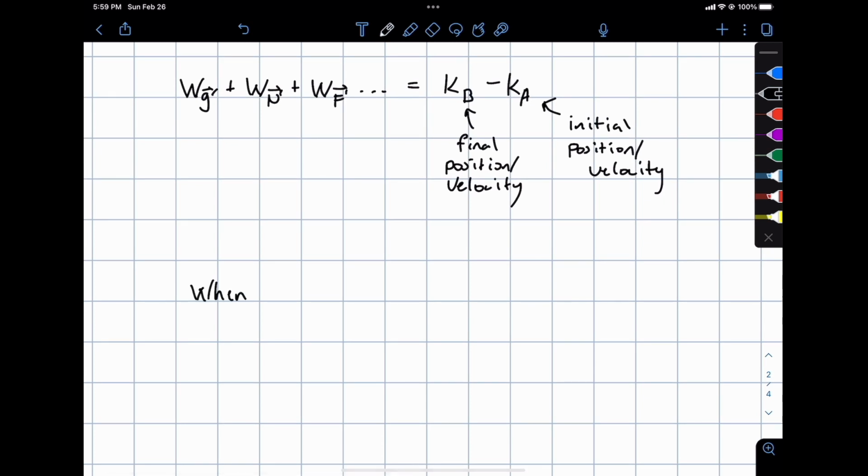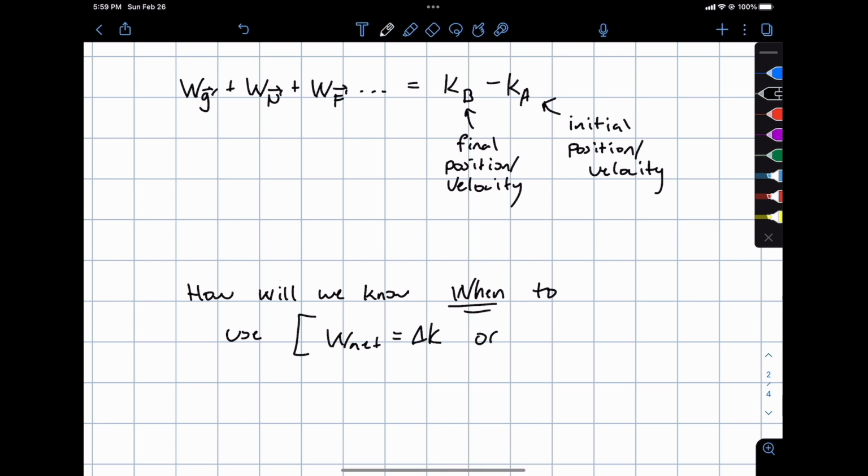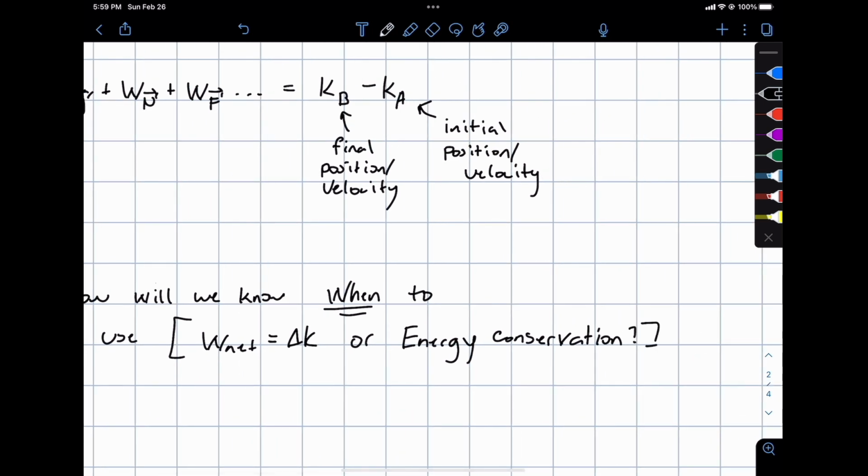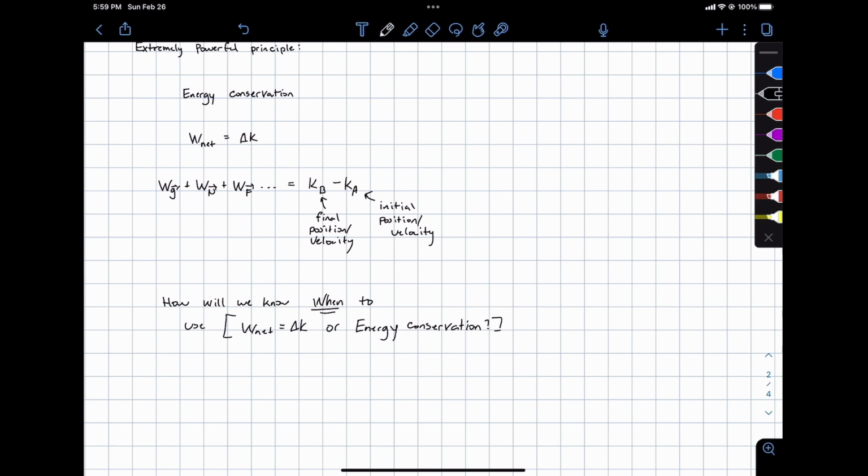Actually, I should state it as, how will we know when to use work net equals change in K, which is also known as energy conservation? When will we know when to use this?